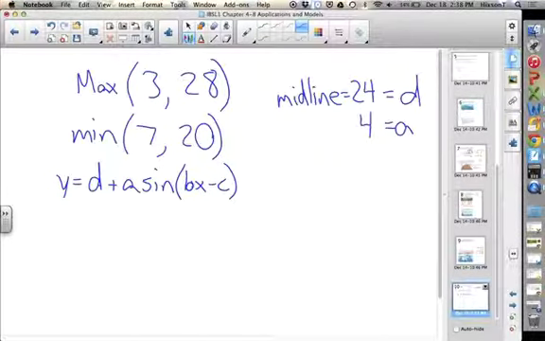Period is how much? 8. Why do you say 8? Because from the max to min is 4, and that's half a period. Okay, we go from a max to a min in 4 units, right?